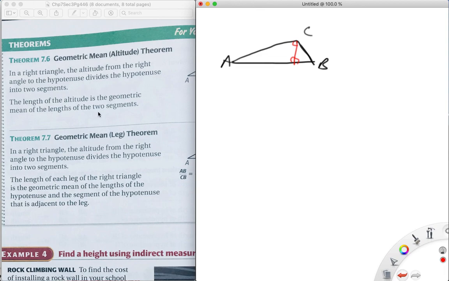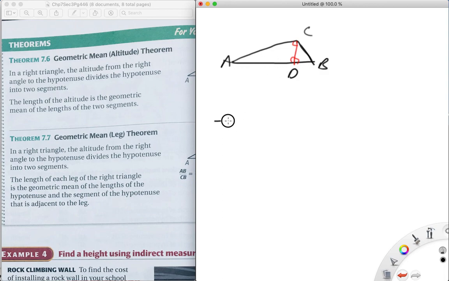The length of the altitude is the geometric mean of the length of the 2 segments. Alright, here is the altitude. The altitude is CD. CD divides these guys into 2 segments.